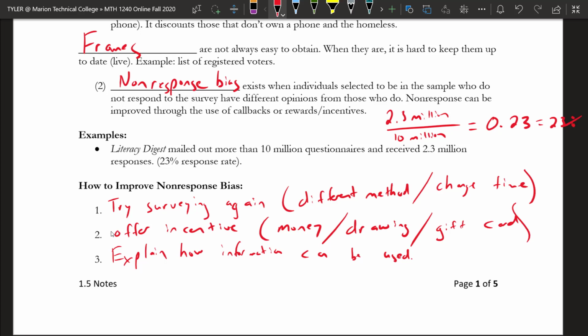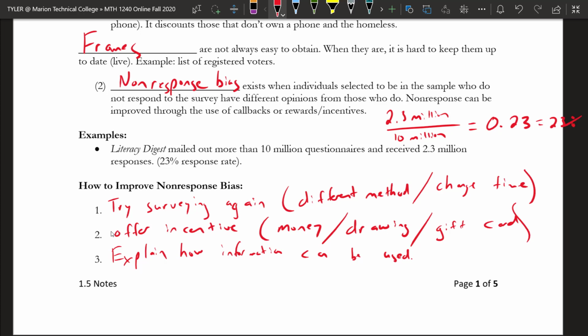So, for example, if I was trying to do a survey on campus for, let's say, trying to get a dining hall or some kind of food service on campus, it might be helpful for me to explain and tell students, hey, we're trying to gather information and see about the possibility of adding a food service on campus, and that might get people more engaged if they know how the information is being used, right? If they think it's basically worth their time to fill out the survey. So that's kind of an incentive as well, right?